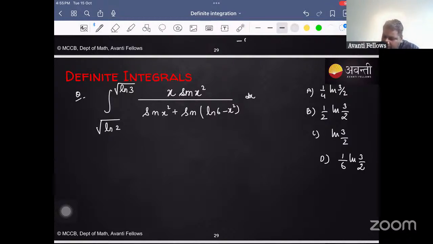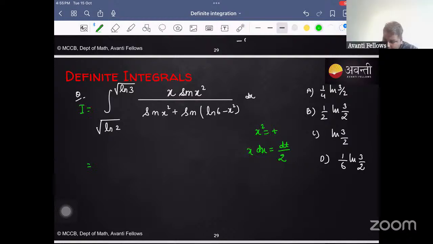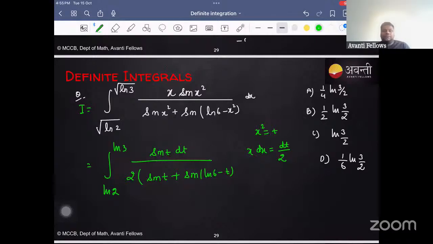So first of all, what comes to mind is, let us assume x square as t. So x dx will be dt upon 2. So if this is your I, limits will now be from ln 2 to ln 3. It is sin t dt upon 2 times sin t plus sin of ln 6 minus t. Am I correct?